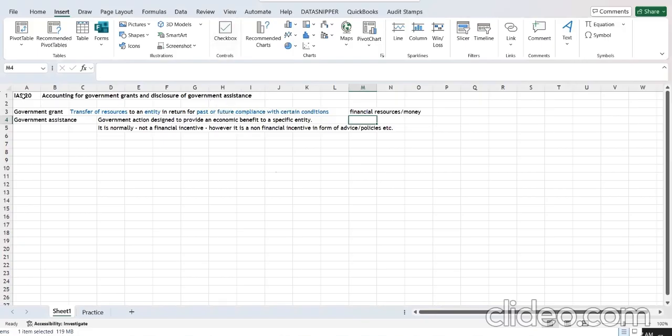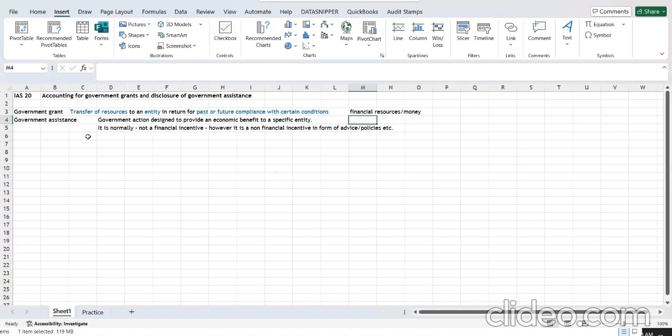So when we talk about IAS 20, 70 to 80% of IAS 20 is about government grants. Why government grants? Because government grants is something that we can value in financial terms. And something that we can value in financial terms, we have to recognize that in our books, right? And for government assistance, there is no specific financial incentive or financial amount, but there is a non-financial advice, non-financial policies that the government is giving to help an entity to grow or to contribute to the society.